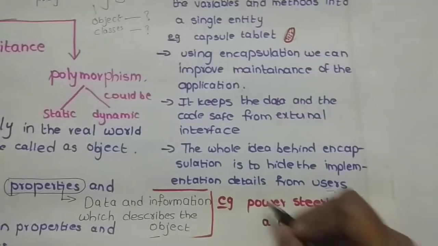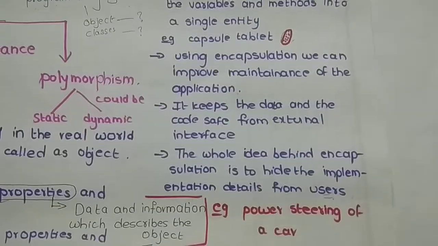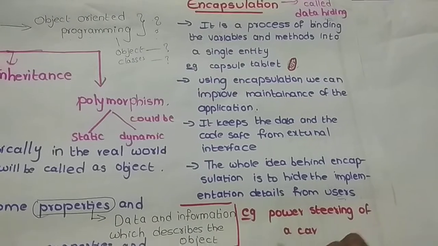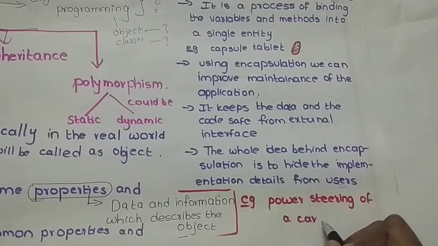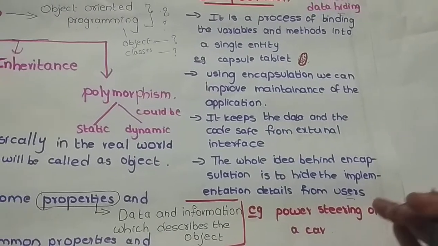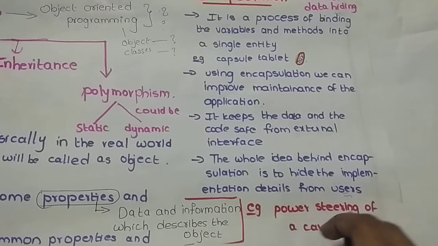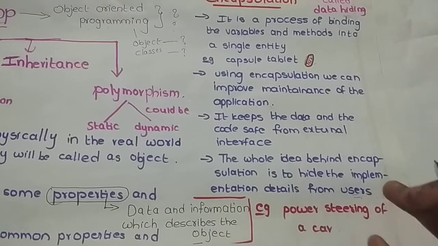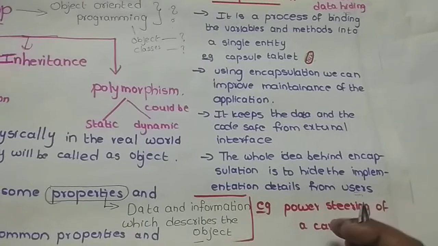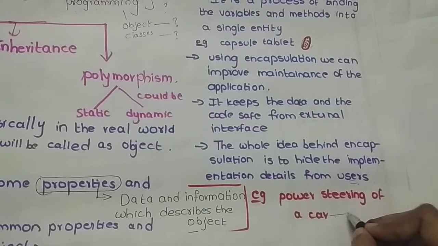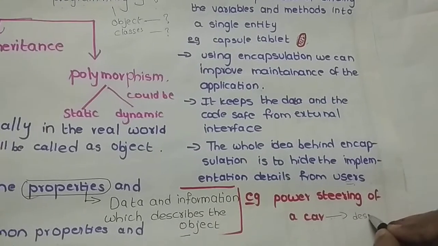Take the example of the power steering of a car. Power steering is a very complex system with many complicated components. The main role of these components is to work together to turn a car in the desired direction.